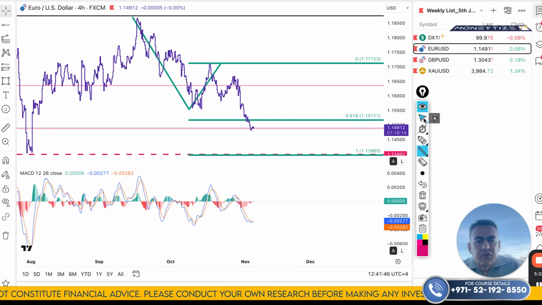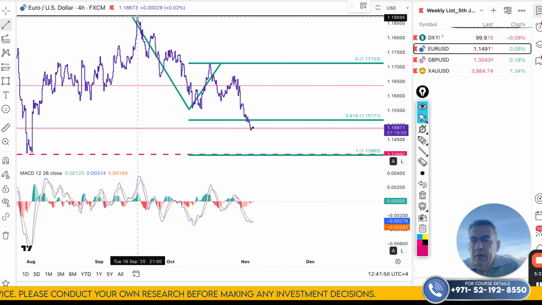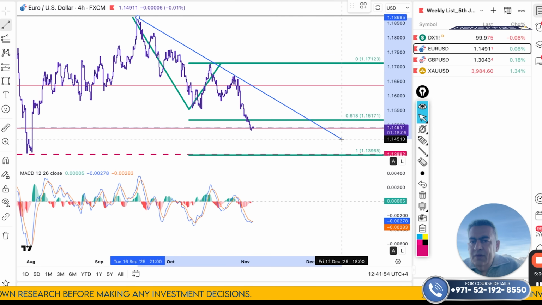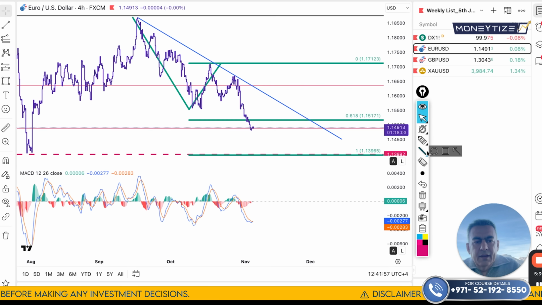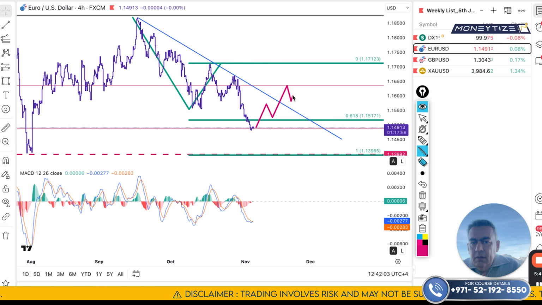I'm going to apply a falling trend line here. I'll connect the highest point. So unless it remains below the falling trend line, the pattern is bearish. So invalidation would be a break above the falling trend line, a retest, and then continuation higher.